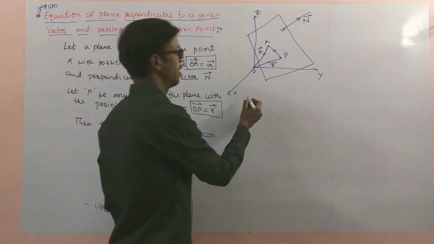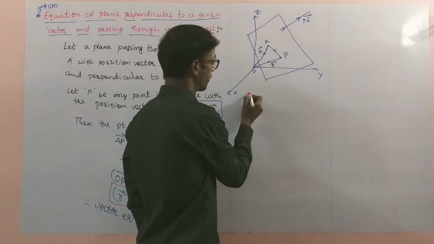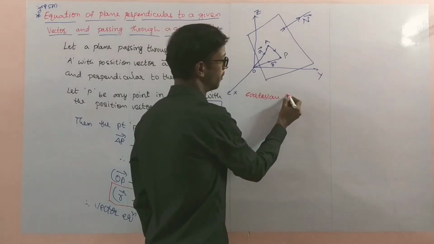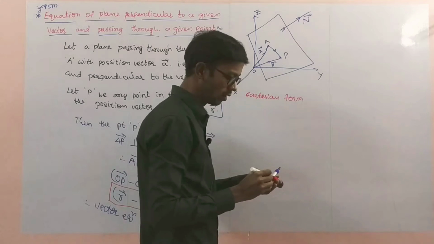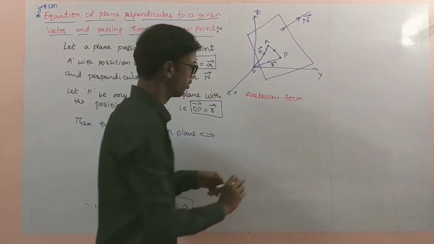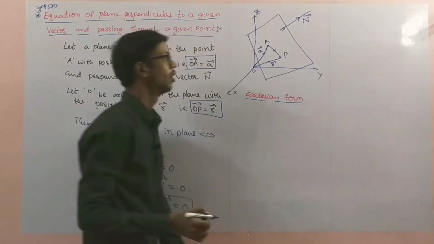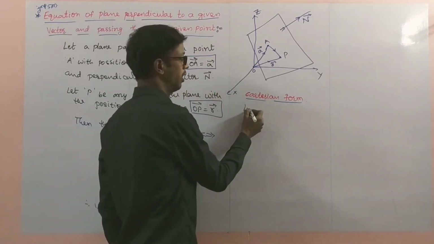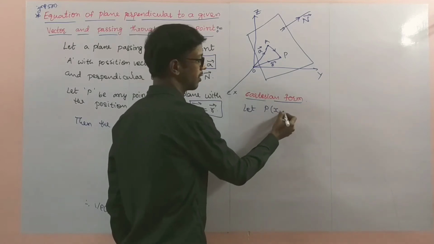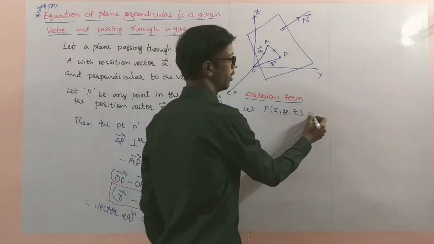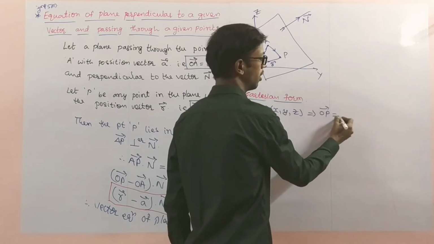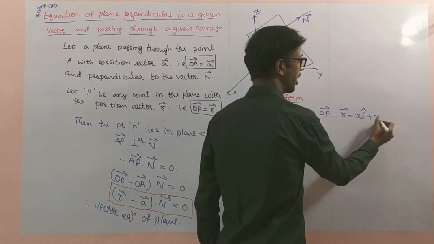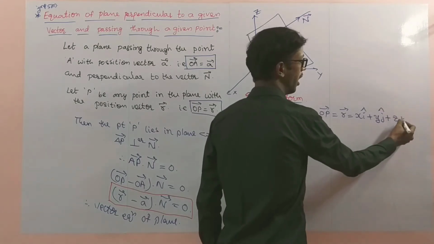Now we discuss the Cartesian form. How will we do this one? Let P be the point (x, y, z), that implies OP bar equal to R bar equal to xi cap plus yj cap plus zk cap.